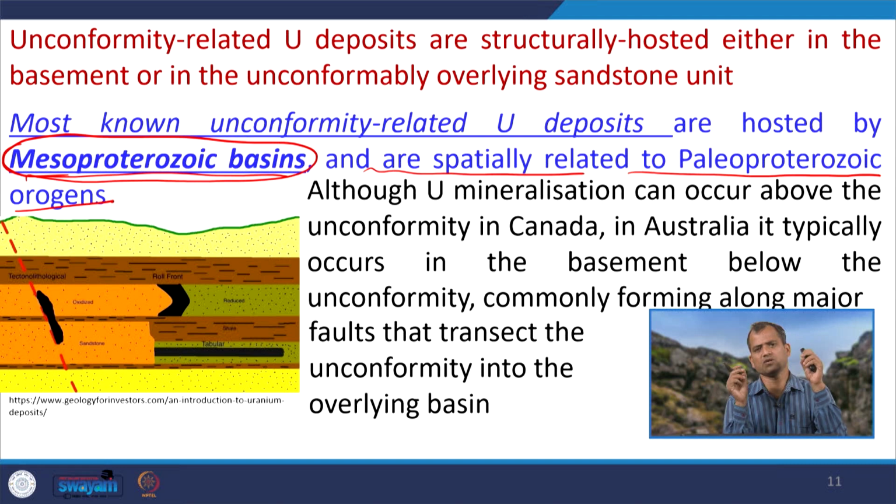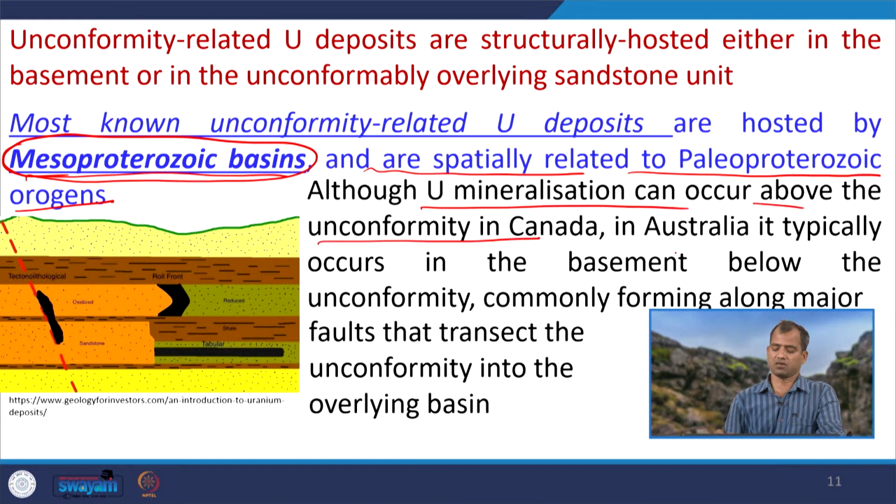This unconformity, which separates the basin's sedimentary package from the metamorphic basement package, is where most of these sandstone or unconformity bounded uranium deposits are located. Although uranium mineralization can occur above the unconformity, in Australia it typically occurs in the basement below the unconformity. So, how can it go below the unconformity?